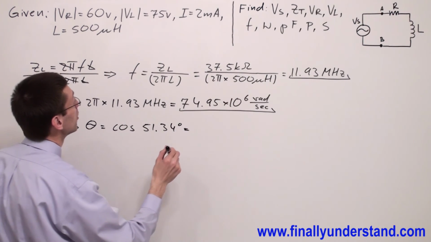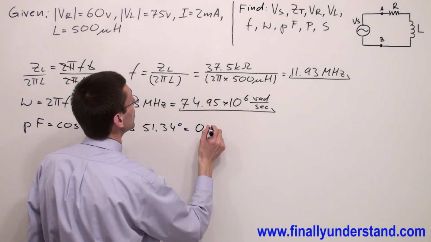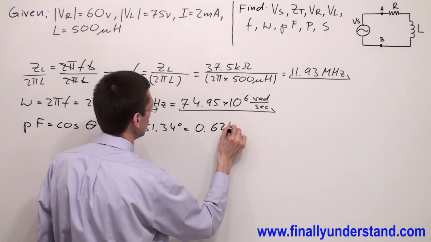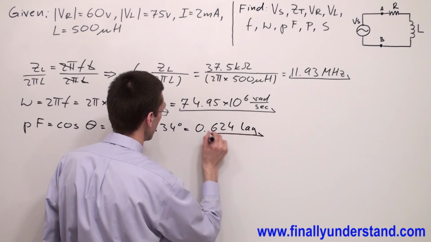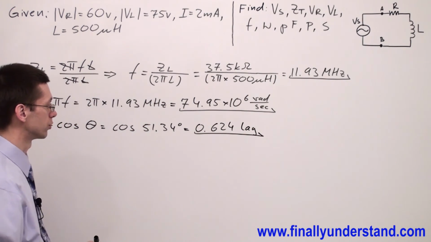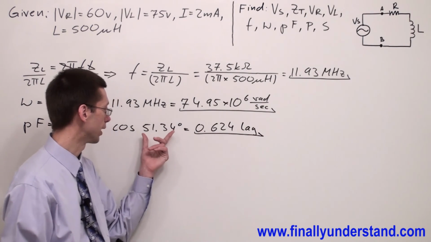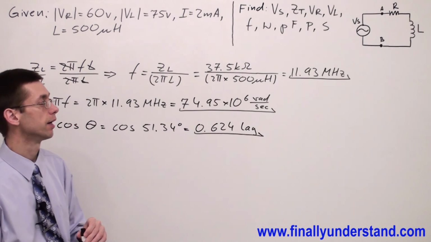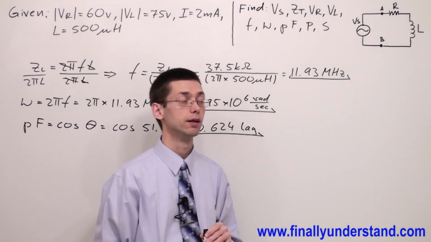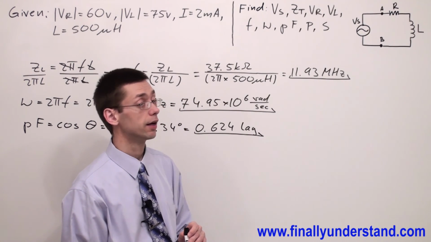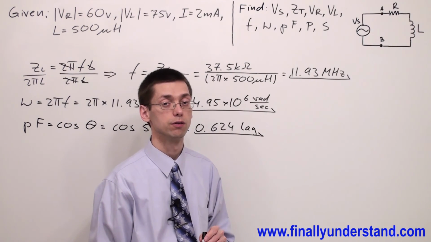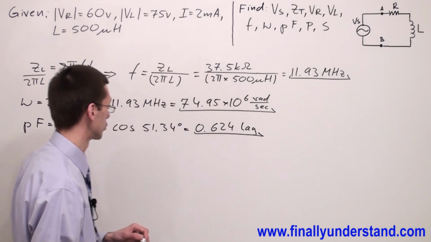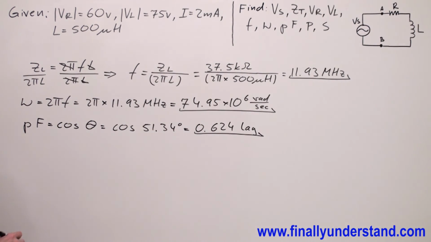This is equal to 0.624, and of course lag. Again, let me remind you, we're supposed to use the word lag because my angle is positive and because in an RL circuit current lags the voltage source. So that's why I'm supposed to use the word lag.